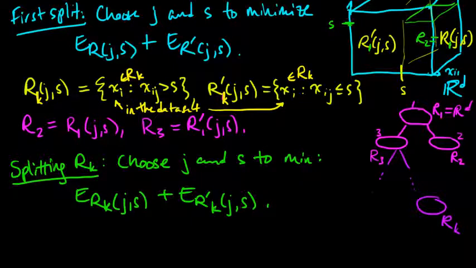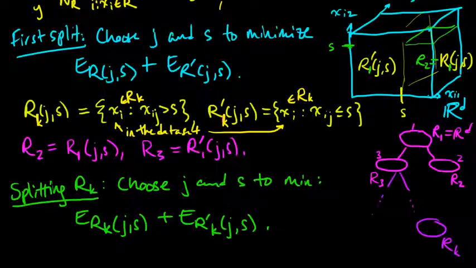So at the general step, we need to split R_K. We look over all dimensions, we look over all split points, and we choose the plane that minimizes this quantity, where R_K would be like this region here, and R_K prime might be this other region.